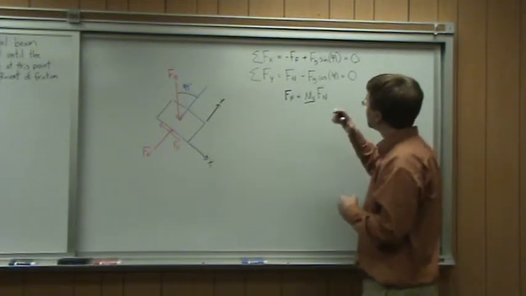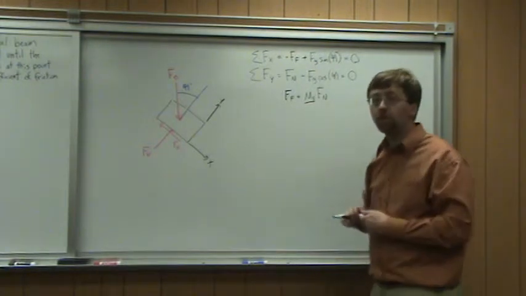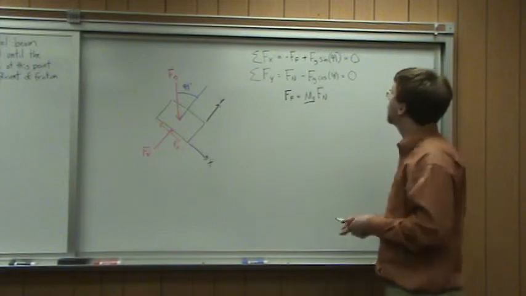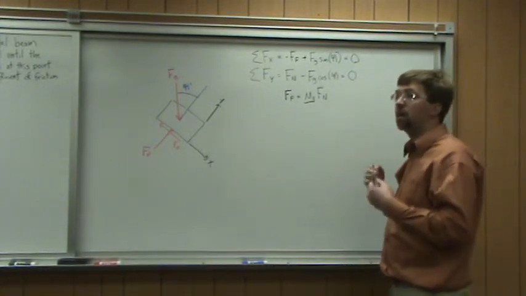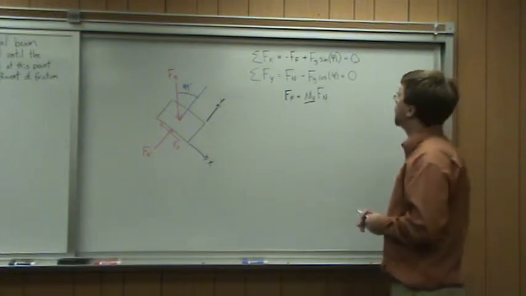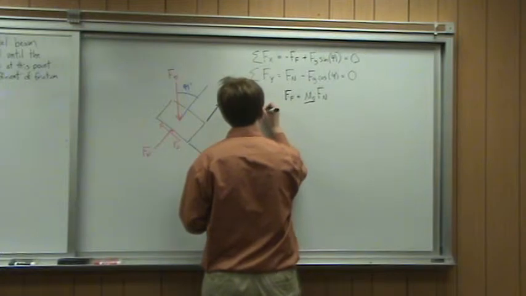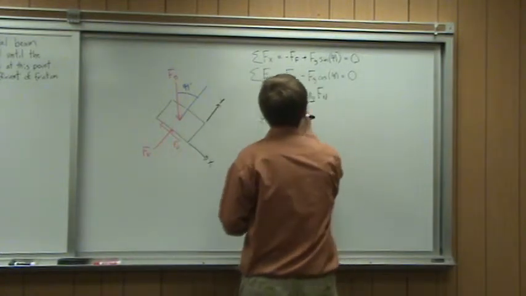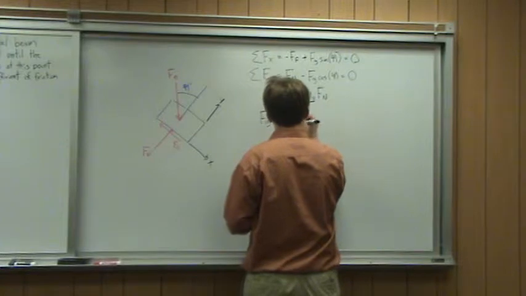If I rewrite this top equation, to get rid of Fg, since I don't know the weight of the box, I can solve both of these equations for Fg. So the top equation gives Fg is equal to Ff over the sine of 41.